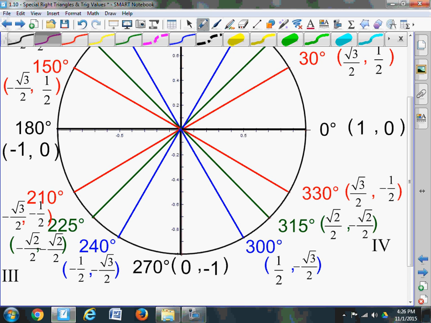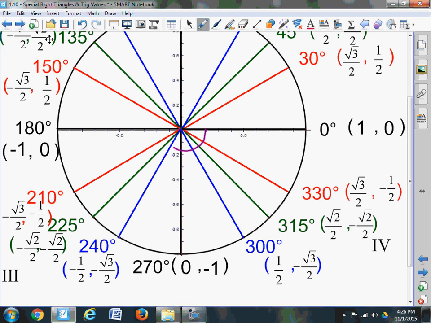So for negative 1200, I'd have 360 degrees plus another 360, so that gets me to 720, plus another 360 gets me to 1080, and then I'll still have 120 degrees left. So it'll actually be the same thing as 240, because that would be negative 120.